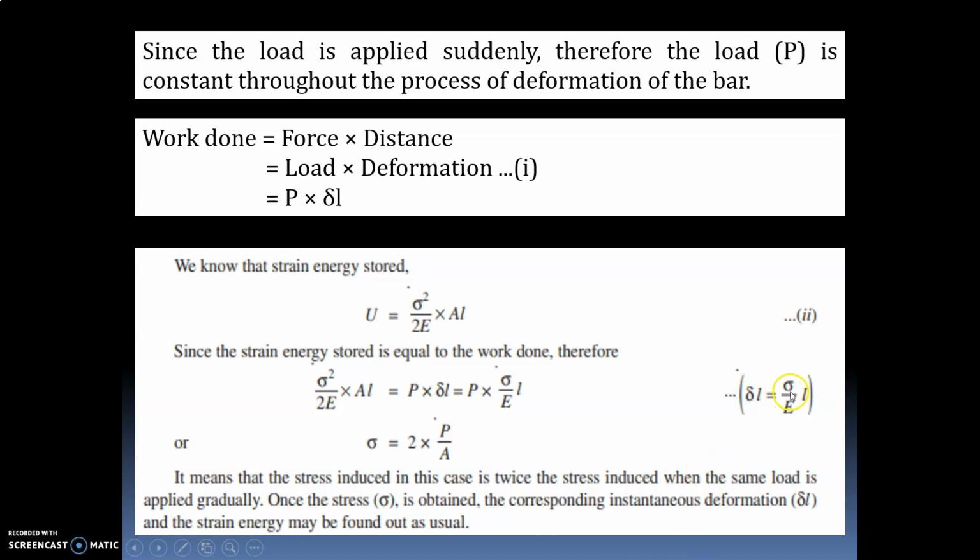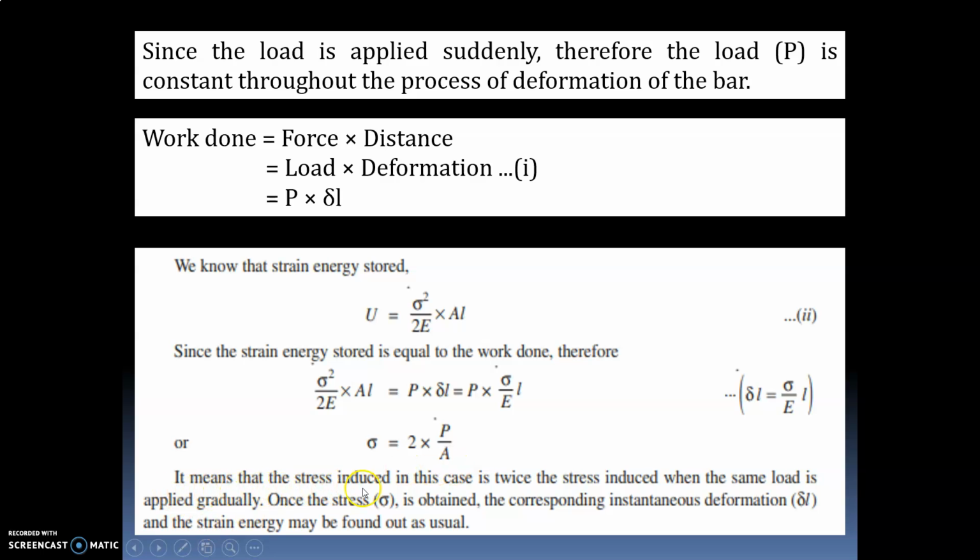So delta L is equal to sigma into L divided by E. Substitute that, and you get sigma is equal to 2 into P divided by A. In the previous case we considered sigma is equal to P divided by A, but here the formula for the stress is 2 into P divided by A.